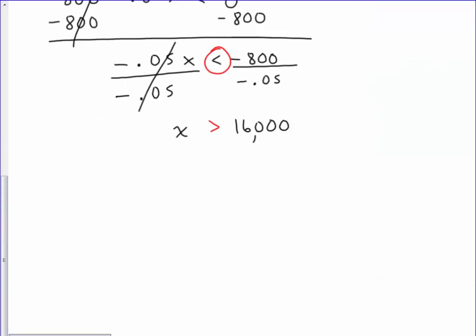On this one, we need to be careful about how we interpret the answer. We've gotten that x must be greater than 16,000.